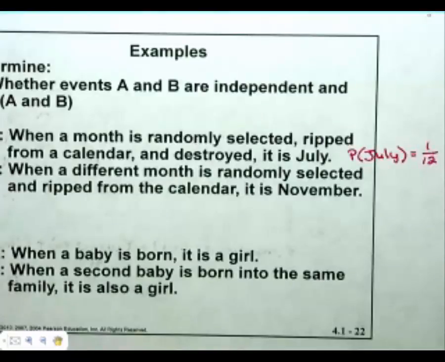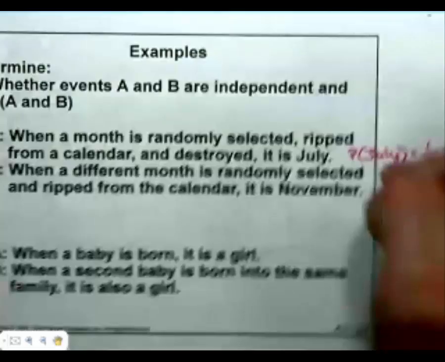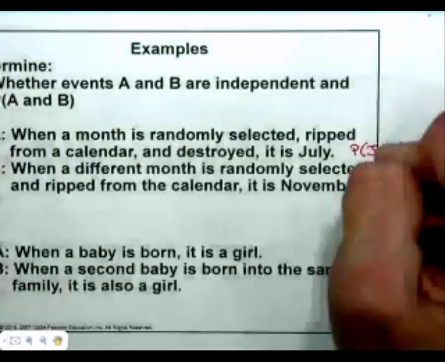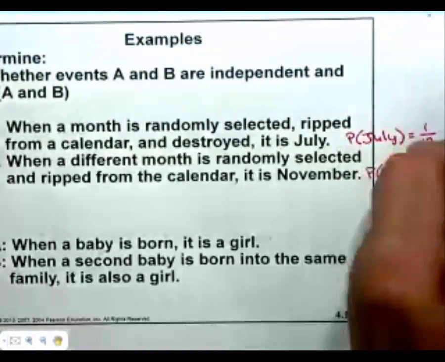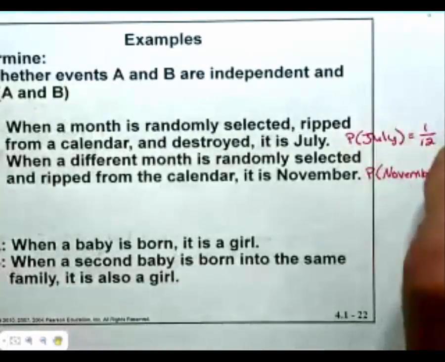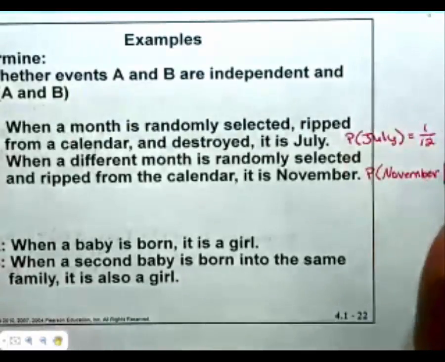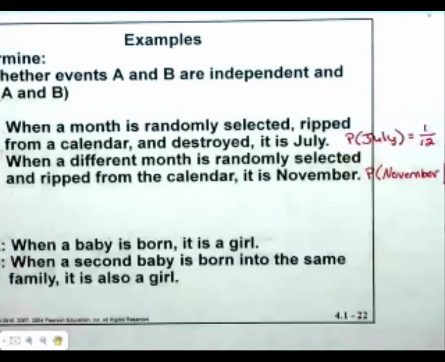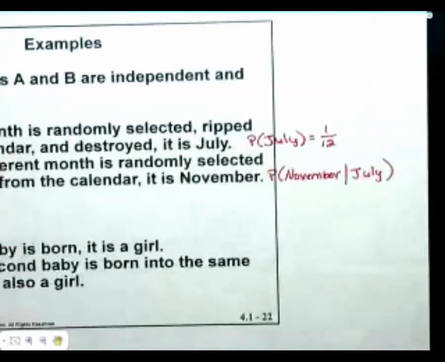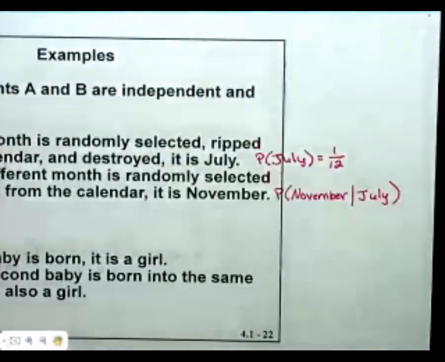So if you've already ripped out 1 page, that's the probability of November. Given that you've already ripped out July, the calendar started with how many pages? 12, and after you ripped out 1, it had 11.